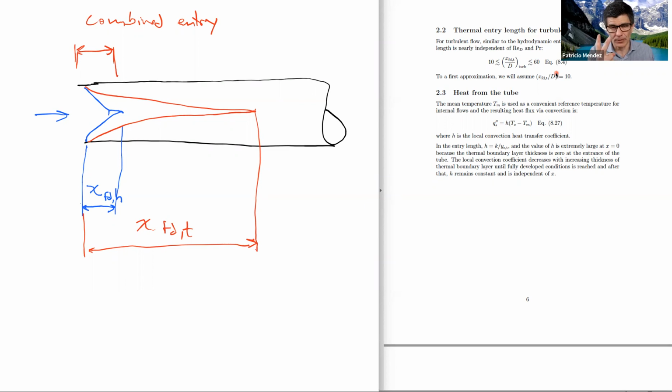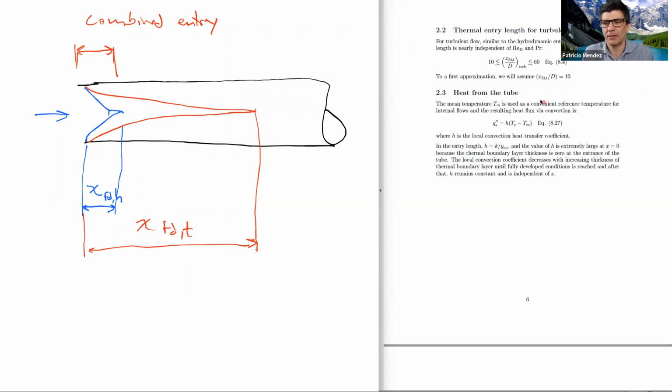So we have two differences. Internal flows have an entry length that does not exist on external flows, and internal flows also affect the overall temperature of the fluid, while in external flows, far enough from the plate, the external temperature does not change.